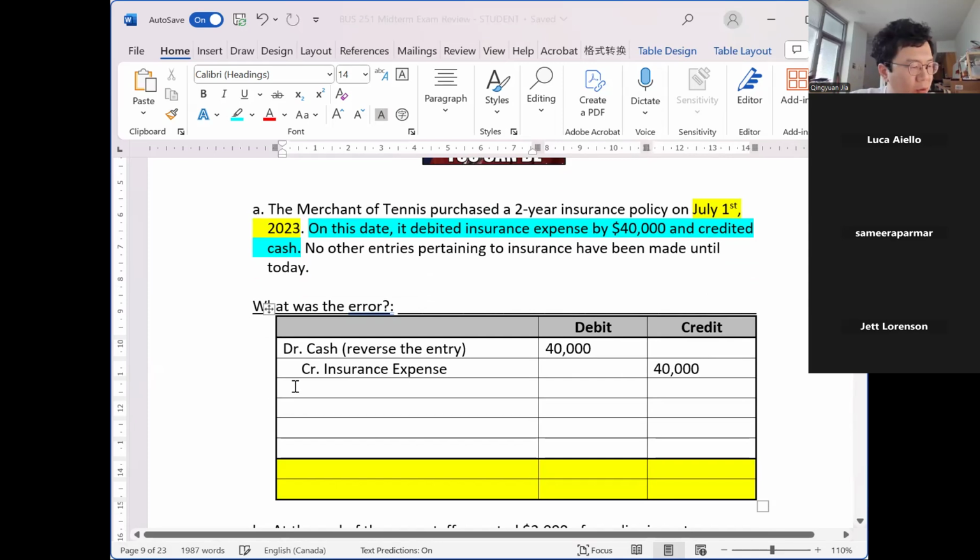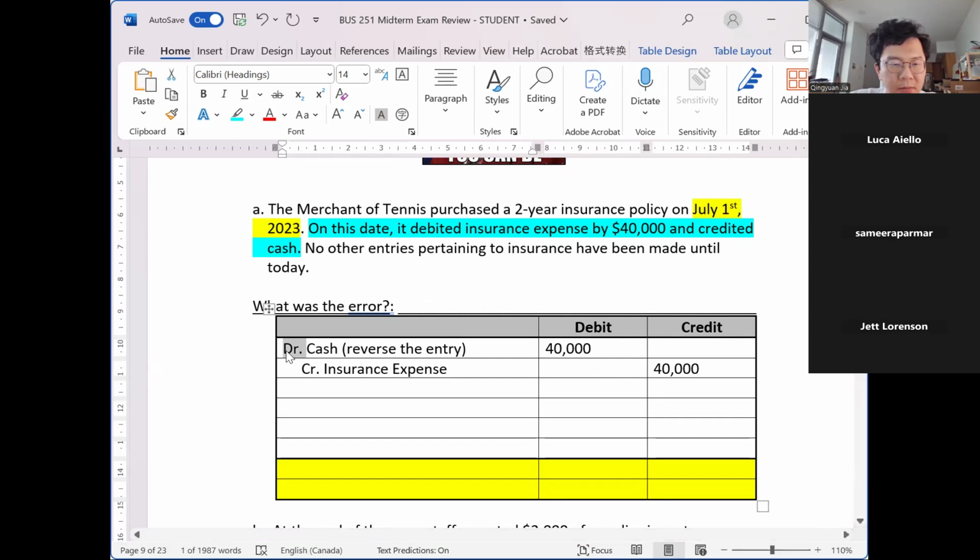Okay, so after this adjusting journal entry, everything goes back to the original point. And then we will do the right entry. We debit, and this time we will use the correct account, which is prepaid insurance, or you can put prepaid expenses here. It doesn't matter.